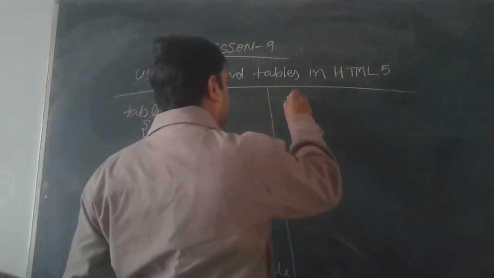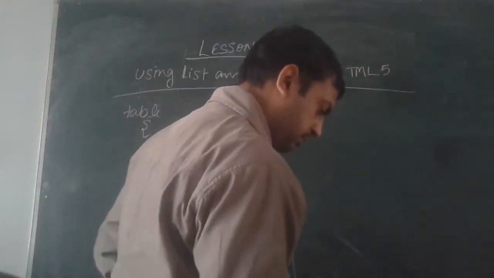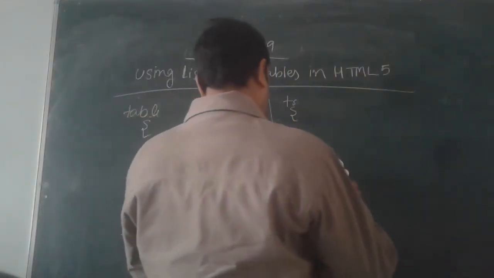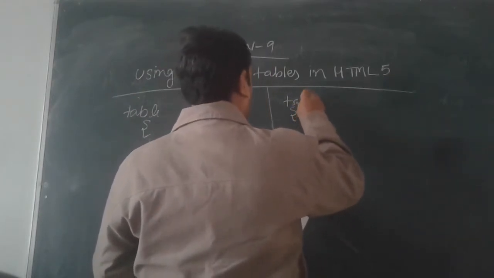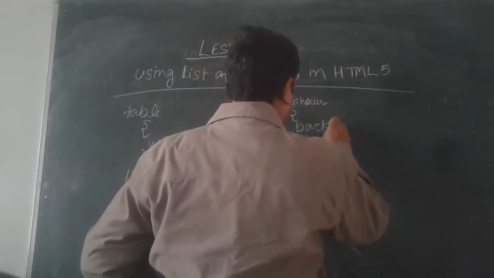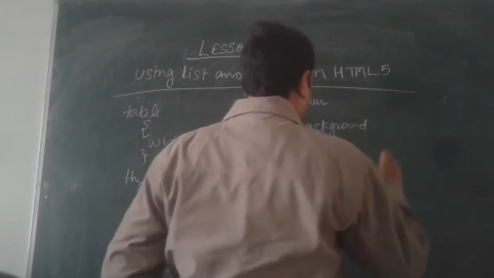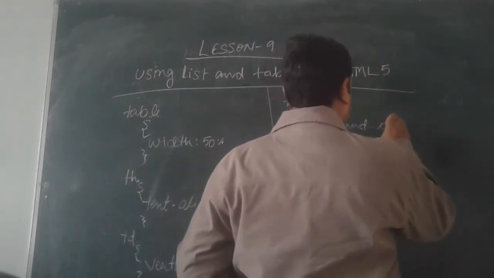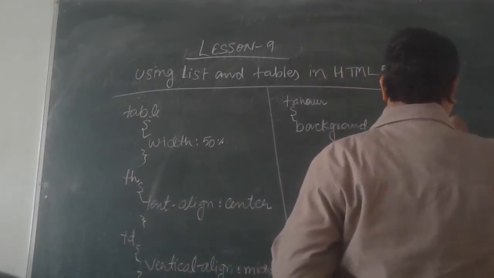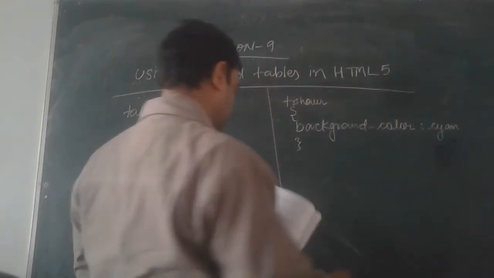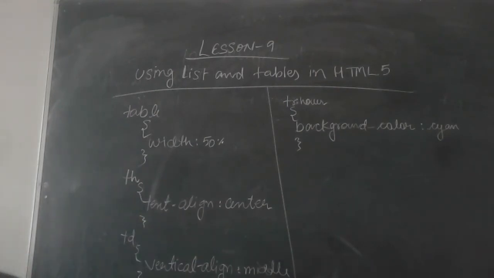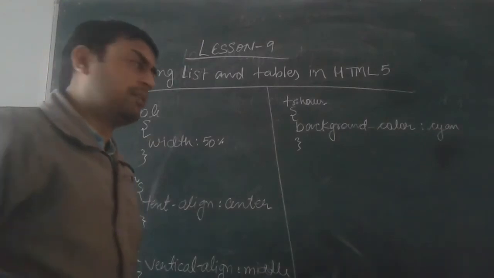For table row you can write TR hover, and background color is cyan. Now these are the properties. If you want to apply some more properties, they can also be applied very clearly.